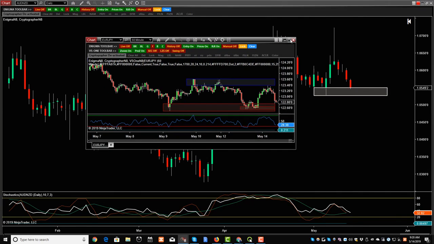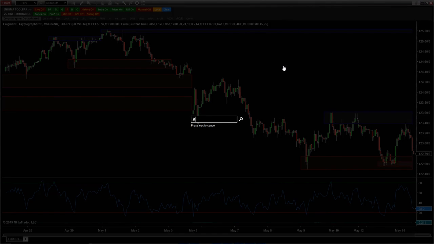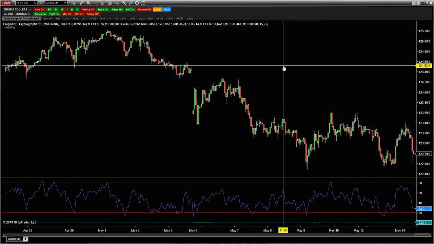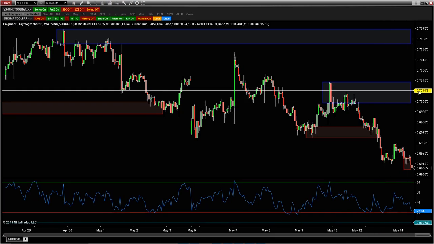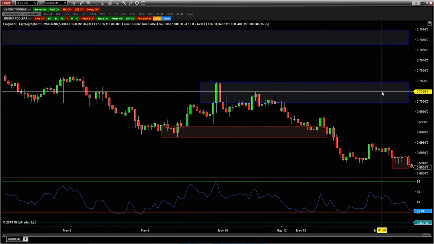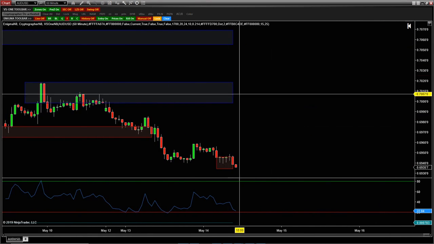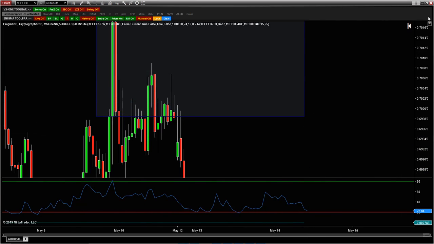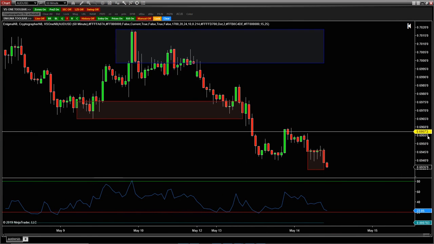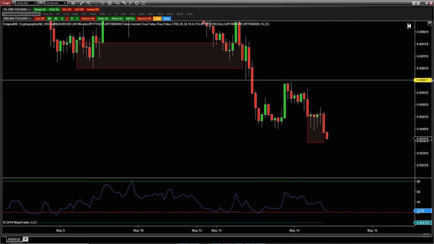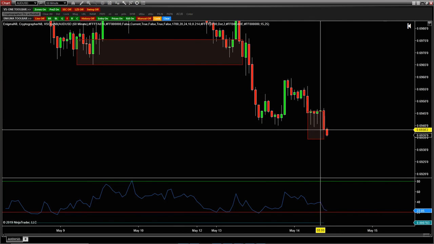Speaking of 2618s, how about that Aussie dollar one, did it do anything, guys? Nope, look at that. Started breaking down on Aussie dollar. This was another one we were looking at a 2618 on. And we have a lower low, lower close here.